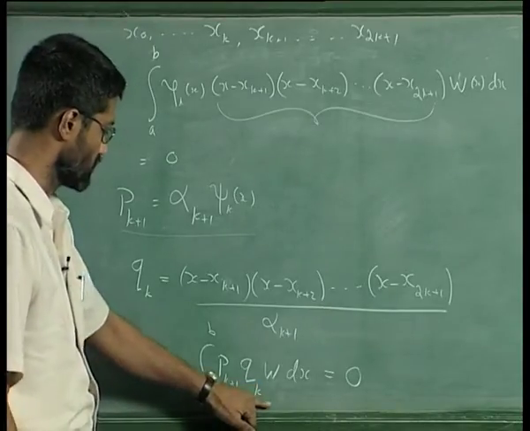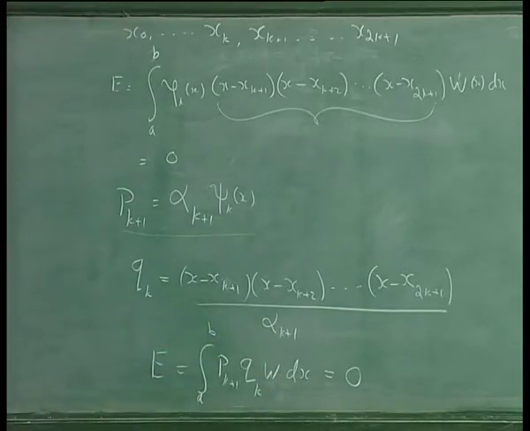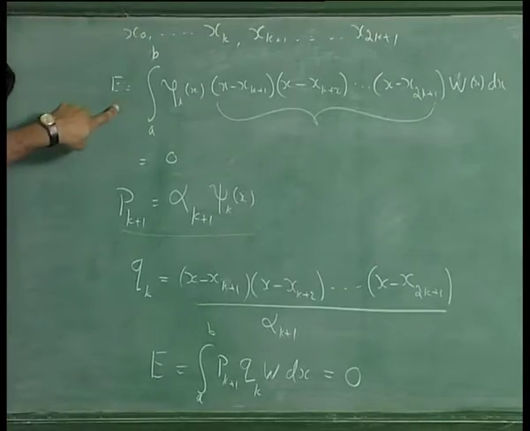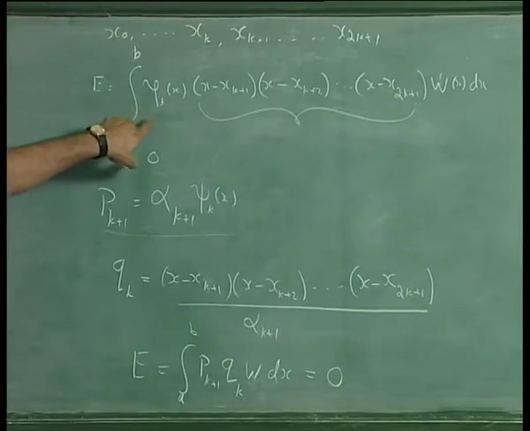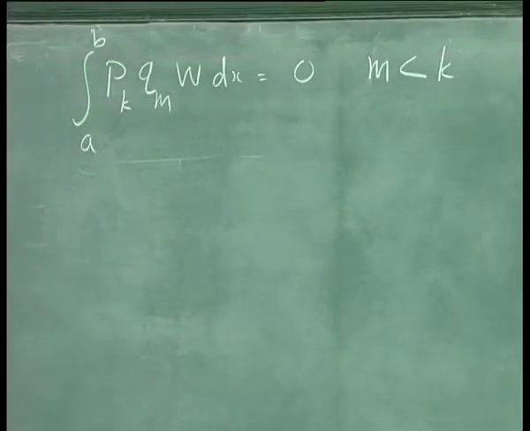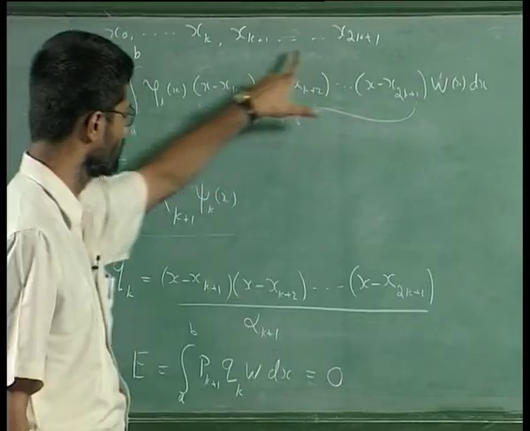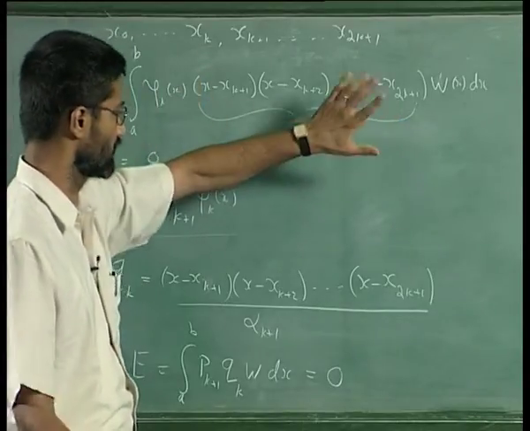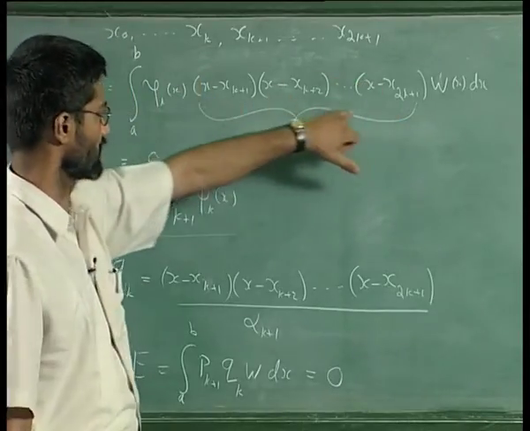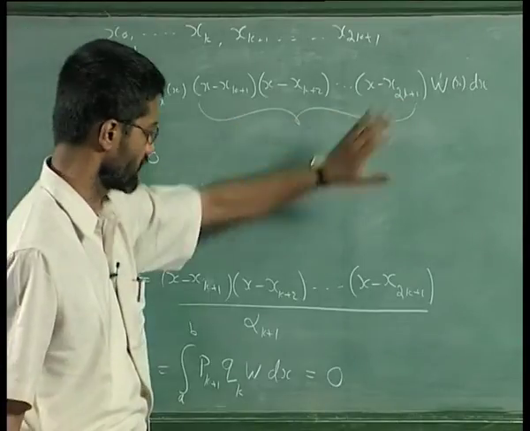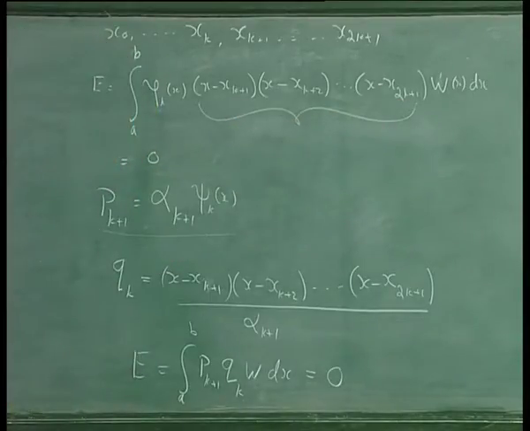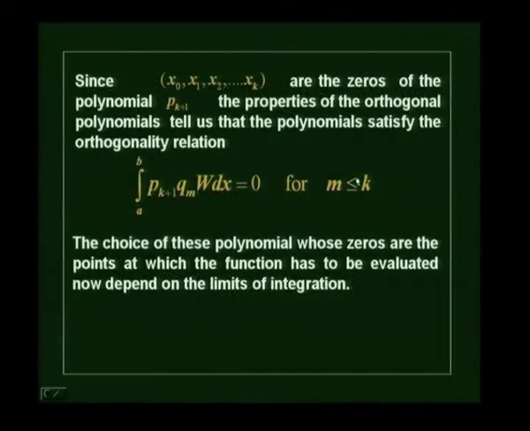I can find this using the orthogonality property. So, we choose the error thus, and then we write this: now this is a k plus 1th order polynomial and this is the kth order polynomial. In general, it is some mth order polynomial with m less than k. So, k is the maximum order of this polynomial which we can write, and then we can write this in this form.